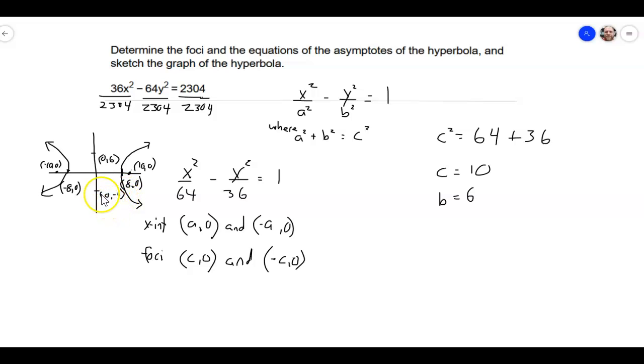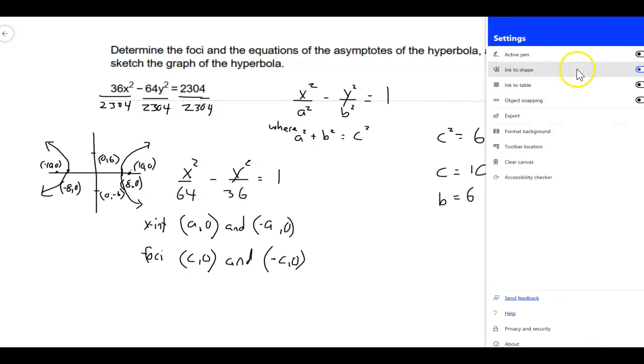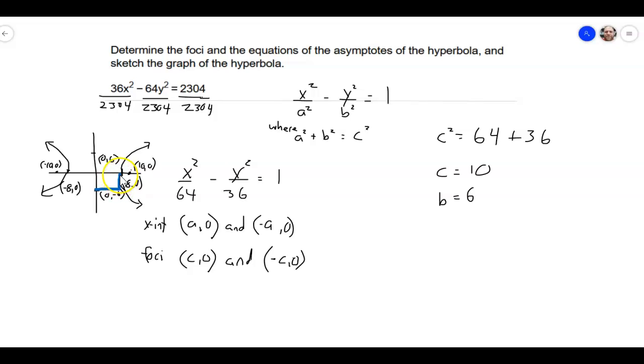If I do that, and then I make a rectangle with my B values and my A values, that's my B's and my intercepts there. So I just make a rectangle. Let me do an inked shape here. Not perfect, let me do that one again.